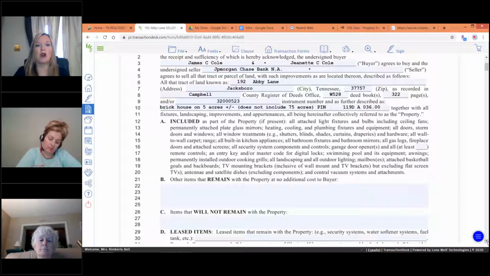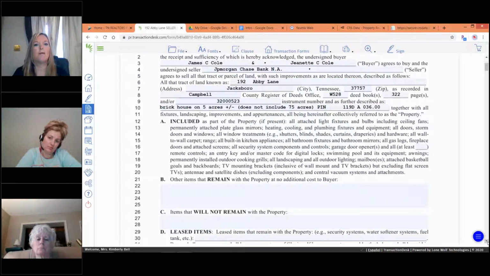So all hardware, all wall-to-wall carpeting, all range. So to me, that's like a built-in, all built-in kitchen appliances, all bathroom fixtures and bathroom mirrors. So this goes back to the permanently attached plate glass mirror versus the bathroom mirror.